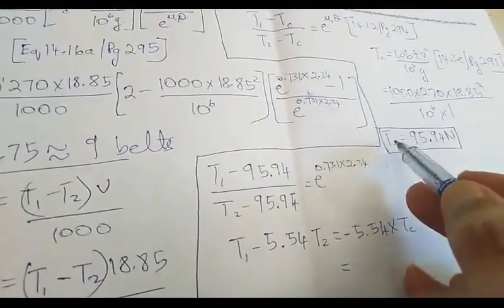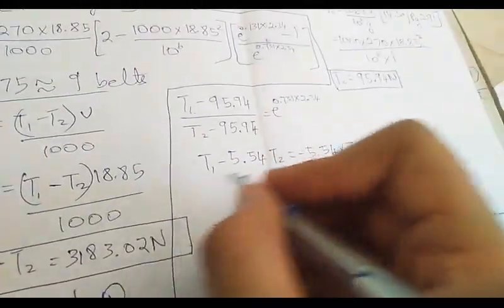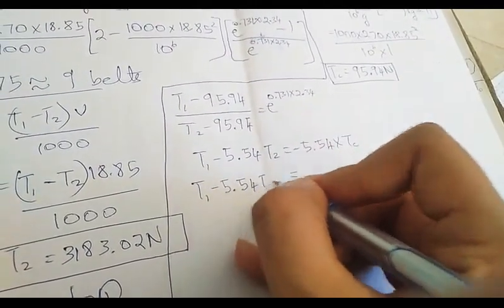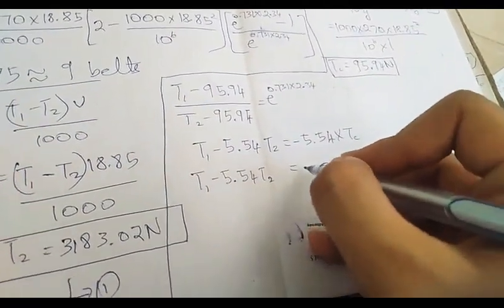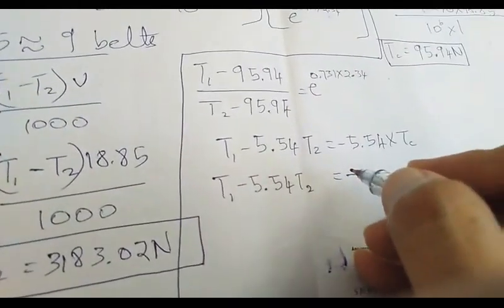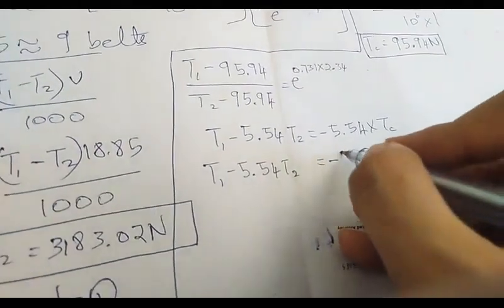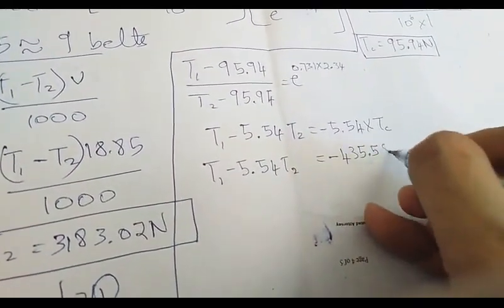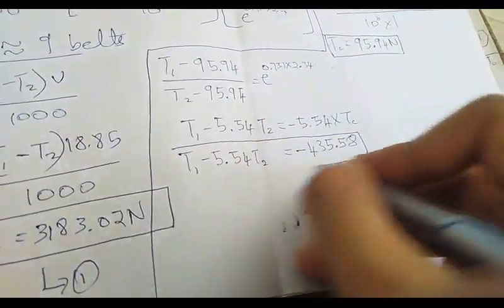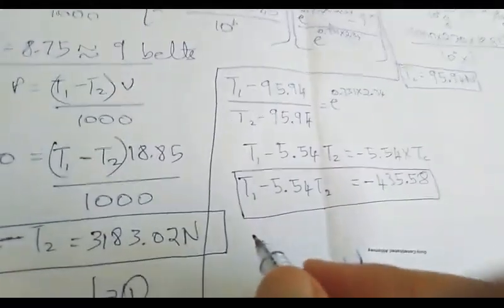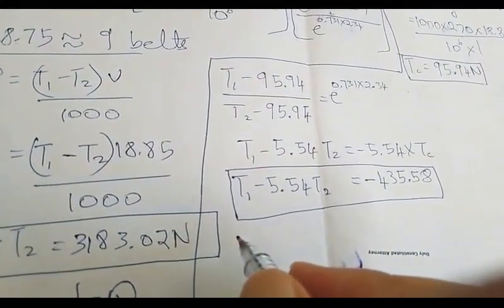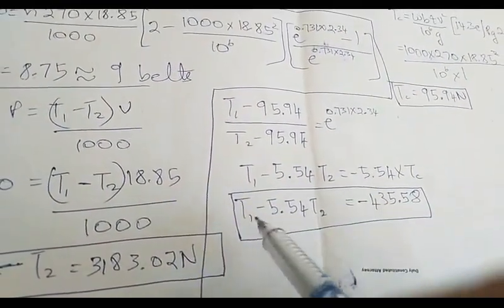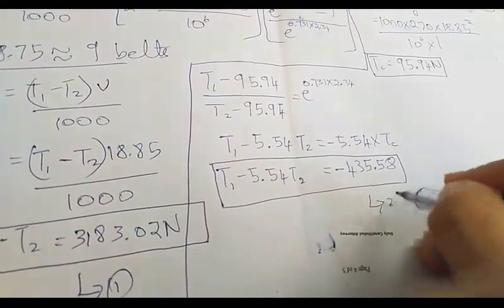Tc we already know the value. We'll substitute: T1 minus 5.54 T2 is equal to minus 435.58. Now we shall call this equation 2.